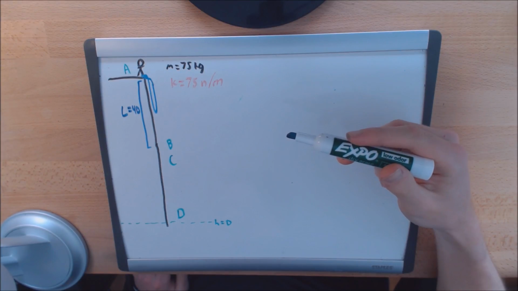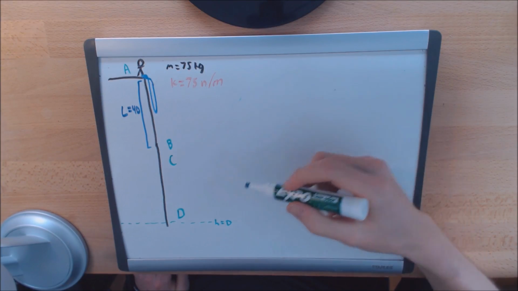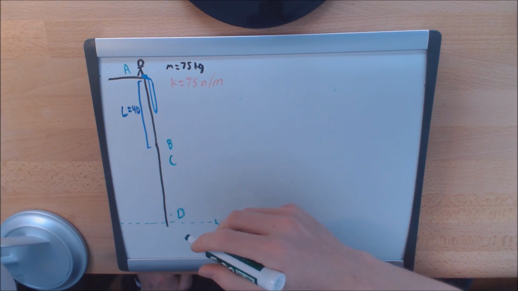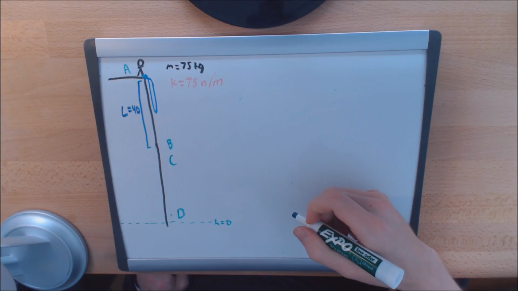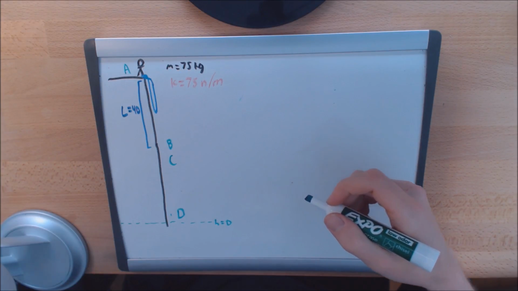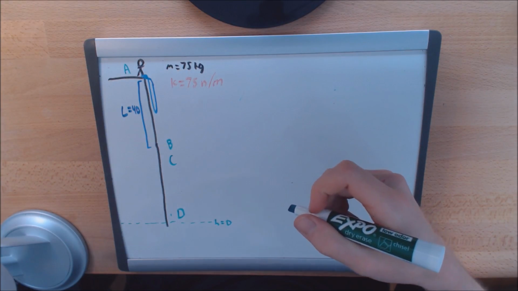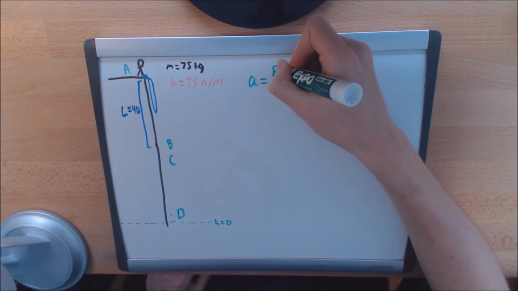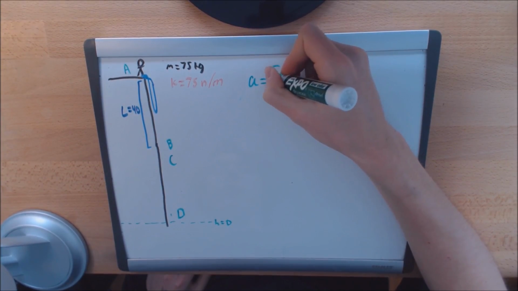But his acceleration when he gets to the bottom is probably going to be more than 10. So the maximum acceleration is going to be at the maximum stretch. So we know acceleration equals F net over mass.